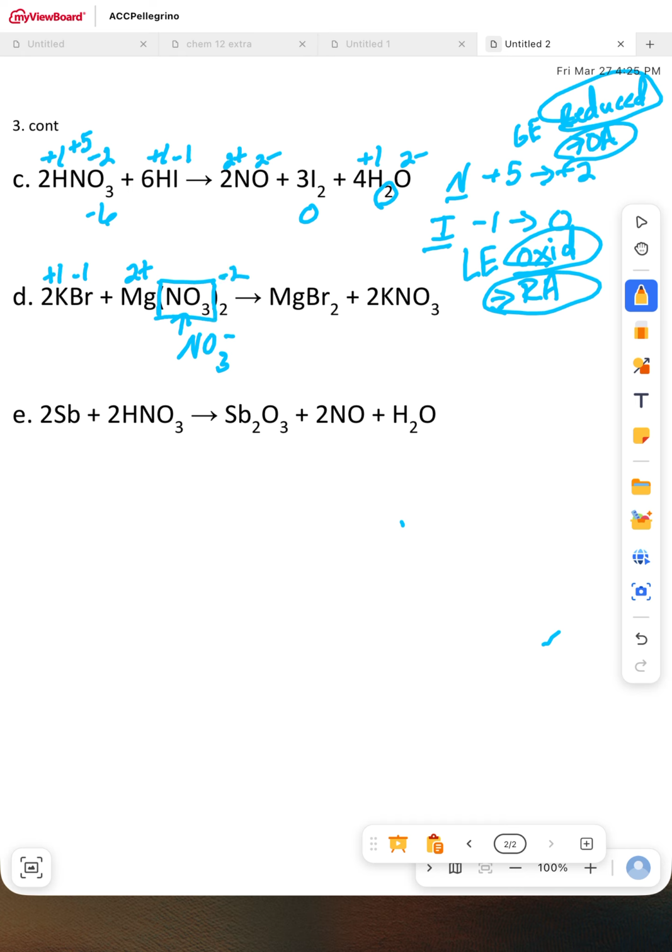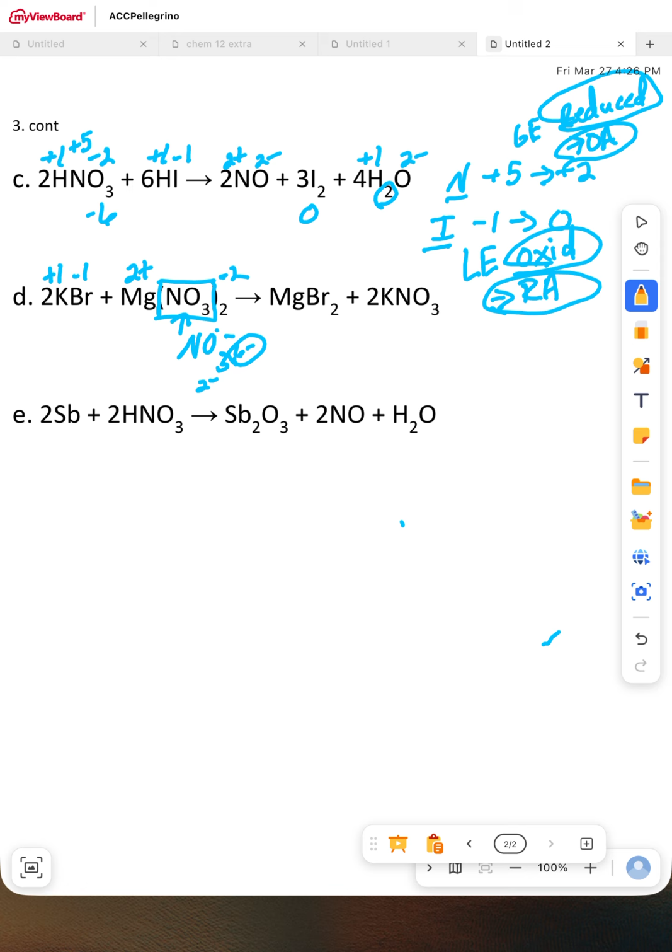Okay, so we need to figure out, within this nitrate, what the oxidation states are, so we can figure out the oxidation state on the nitrogen. With our oxygen, we'll assume 2-, and there are 3 of them, so there's a total of 6- coming from the oxygen.